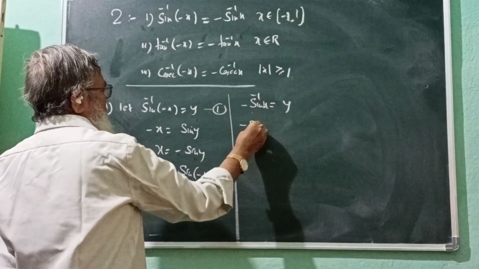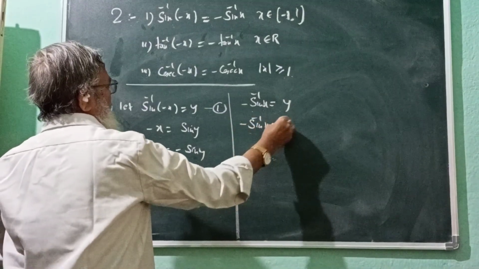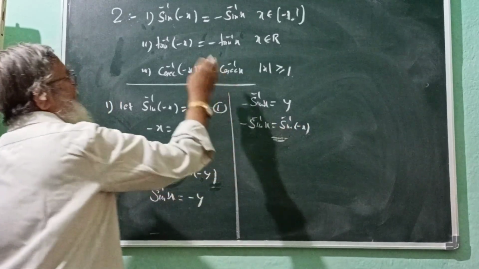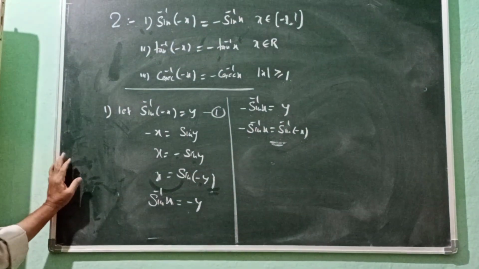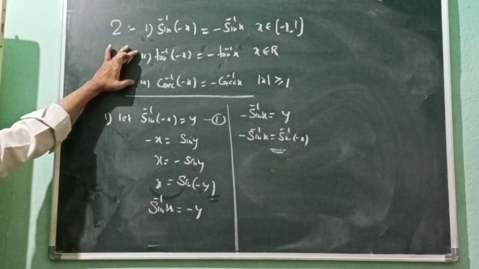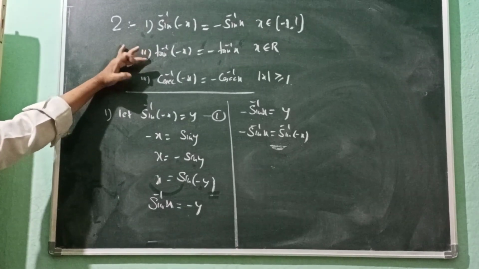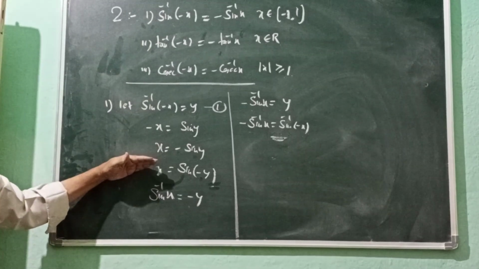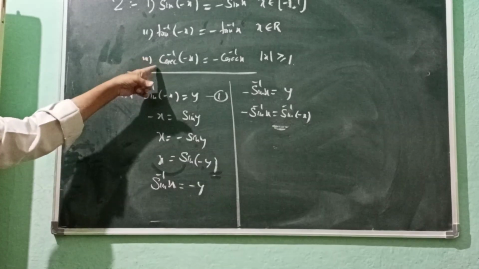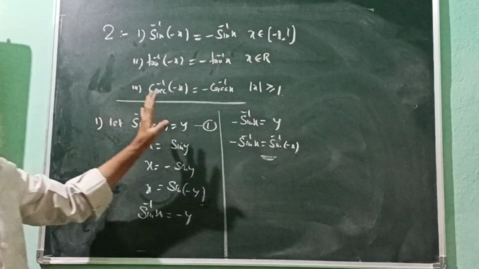It is y is equal to sine inverse of minus x. That gives you the result. Similarly, in the same way, do these two as homework. Suppose this as y, multiply by minus sign like this, and take tan inverse minus x is equal to minus tan inverse x, and do that. Similarly, the third one you can also do as homework.